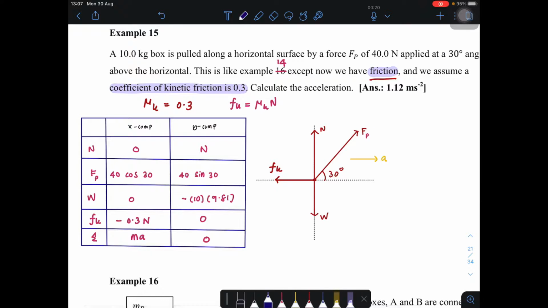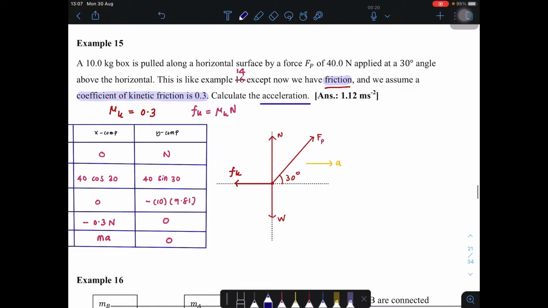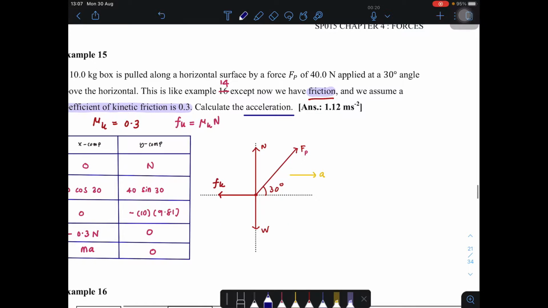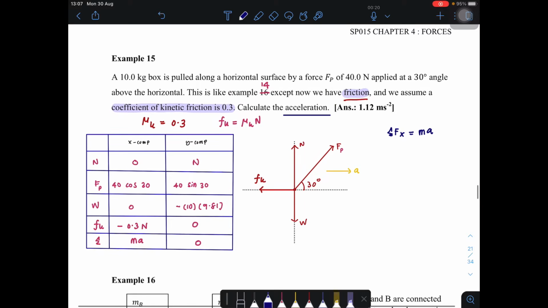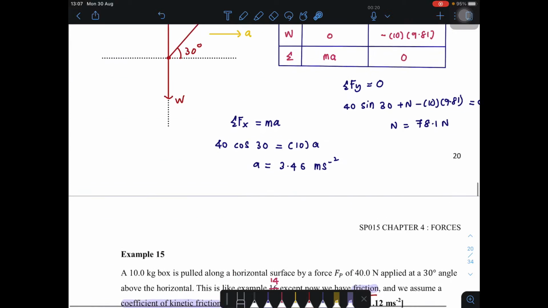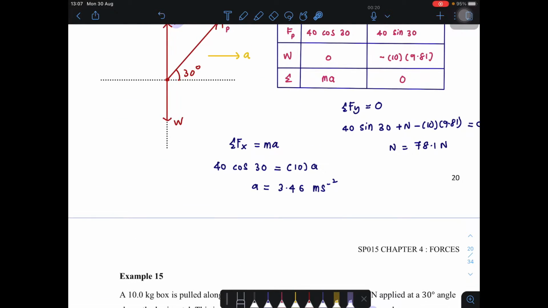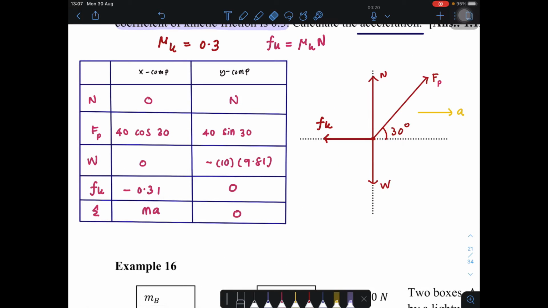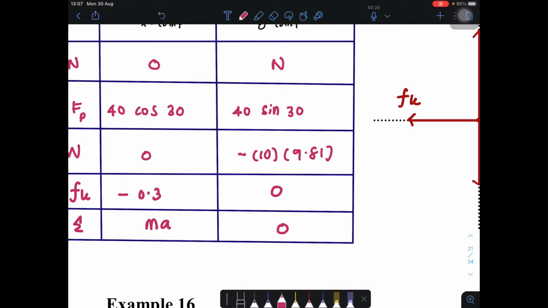Now we need to find the acceleration, so we only need to calculate the x component. So Fx is equal to ma. Since we already calculated N in example 14, let's just take that one, 78.1 Newton. So we just put in 78, assuming we have been given the normal force value.